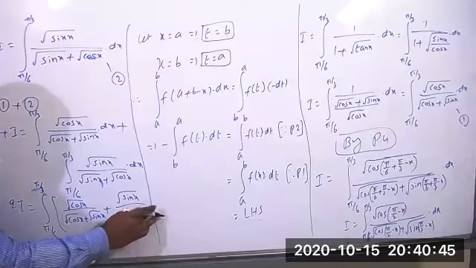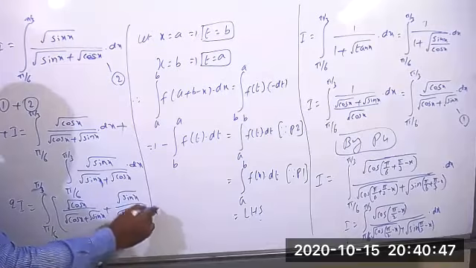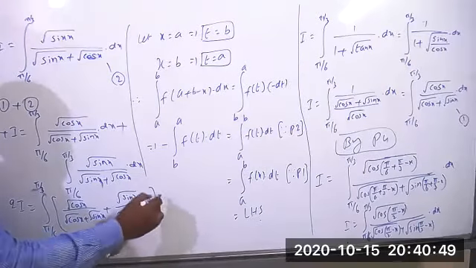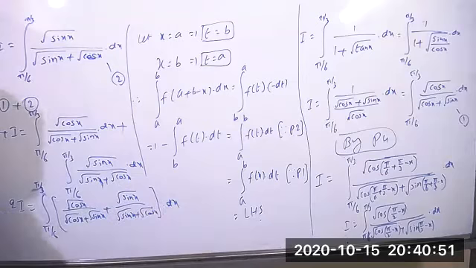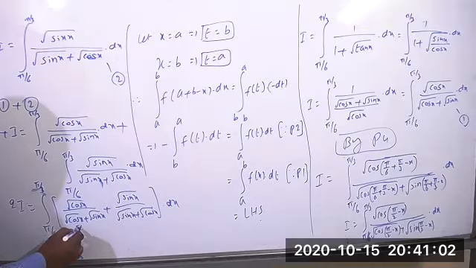Clear now? Into dx. Now take LCM. So 2I is equal to, take LCM inside that, integration of pi by 6 to pi by 3.